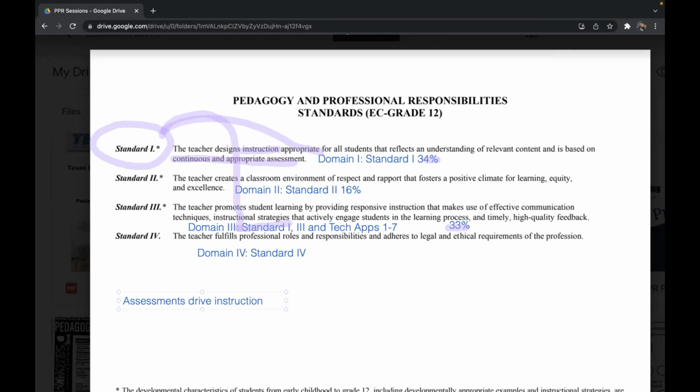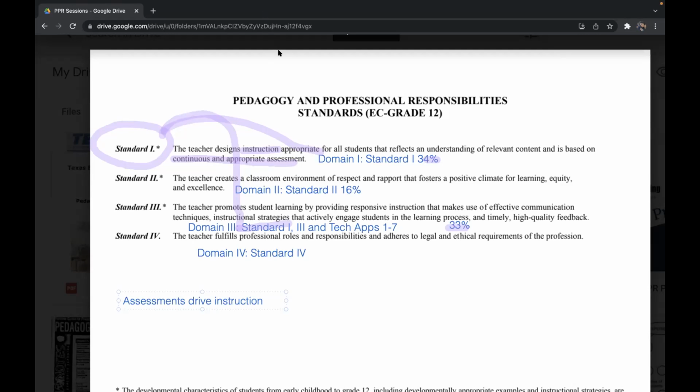Assessments are what give us the data to know what the students know. And if we have a learning objective that we have written, like the students will be able to identify oxymorons in a text, and if they can't do that at the end of class, then I know that tomorrow I have to either find better examples of oxymorons or revisit the teaching of that academic vocabulary. But assessments drive instruction.